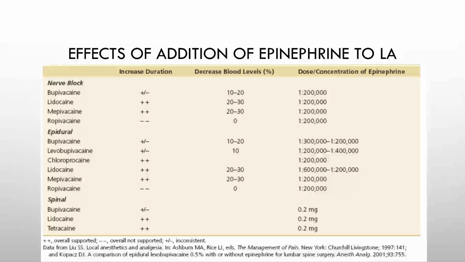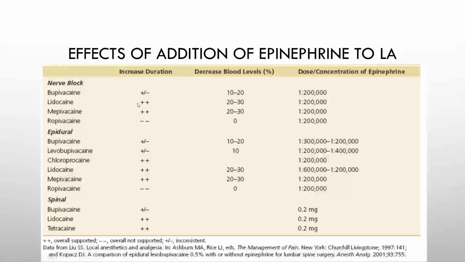As you can see in this table, epi has a varying effect on the duration of local anesthetics. A simple rule of thumb is that if the local anesthetic is vasodilating, like lidocaine, epi improves the duration. If the local anesthetic is not vasodilating, like bupivacaine, epi has little effect. Here you can see bupivacaine, when we add epi to it, maybe a little bit of improvement.